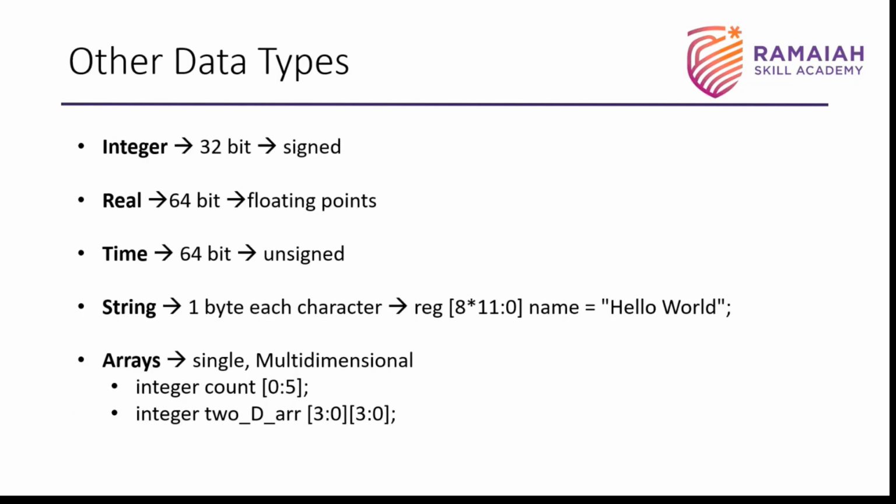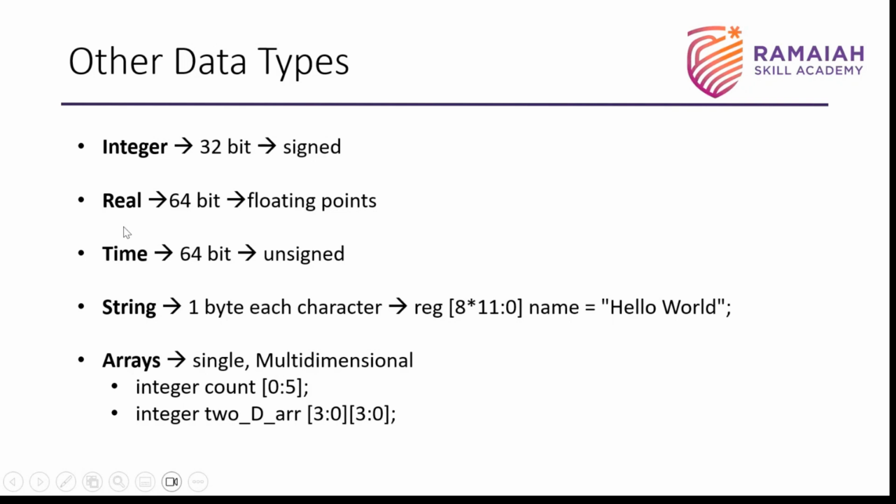And these are other types of data types, which I'm not going to discuss because of the short duration here. So integer, real, time. Here this integer is 32 bits and signed integer. Signed means what? It includes both positive and negative numbers. Real includes positive, negative, and floating points also.